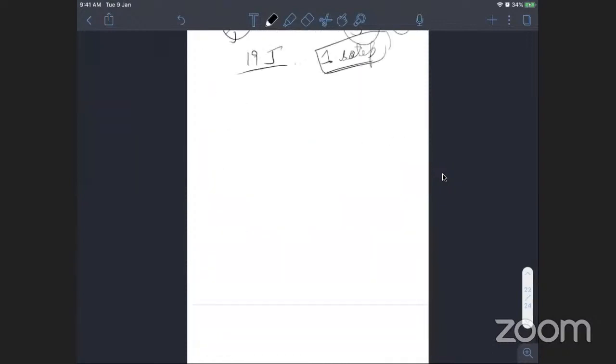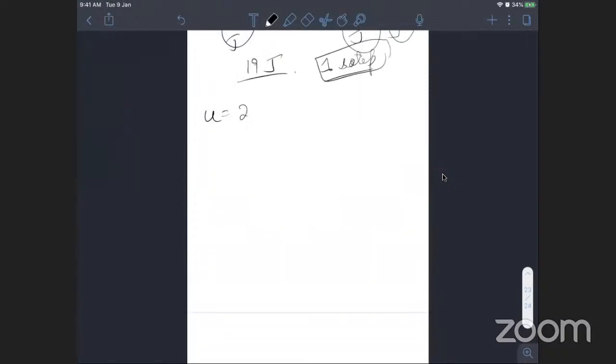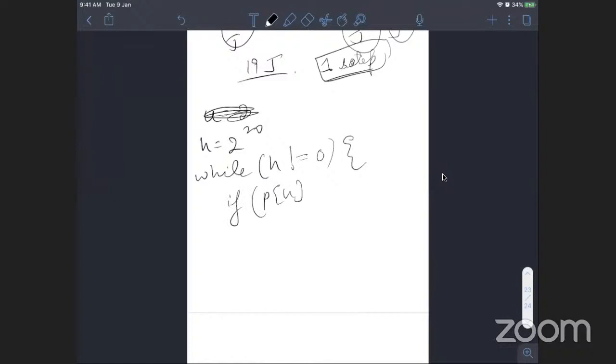So our algorithm was something like this. We took a very big power of 2, let's say h, 2 to the power 20, and we said while h not equal to 0, if PUH not equal to PVH, then, sorry, h is not actually 2 to the power 20, h is just 20.